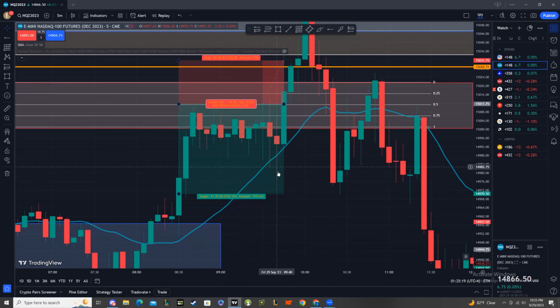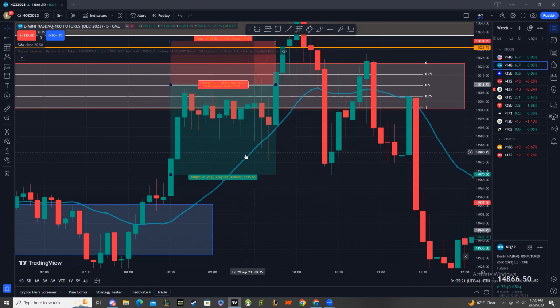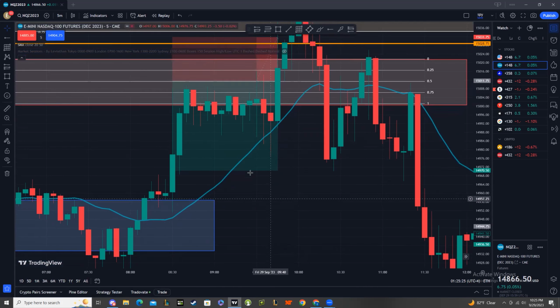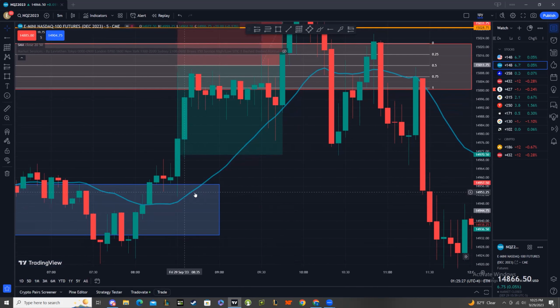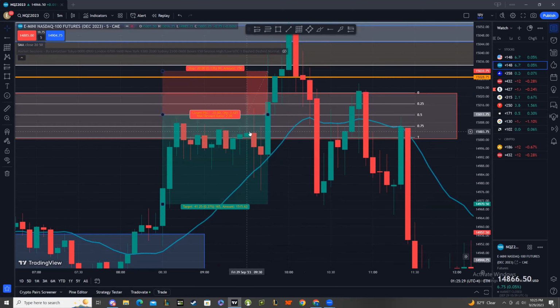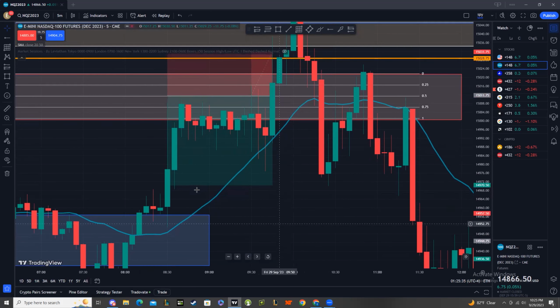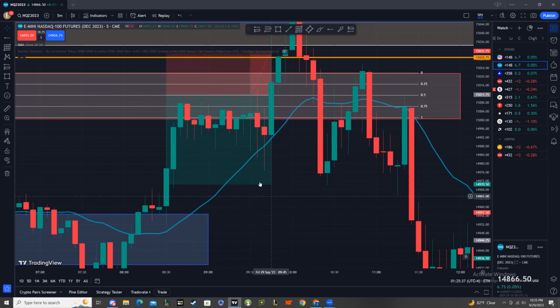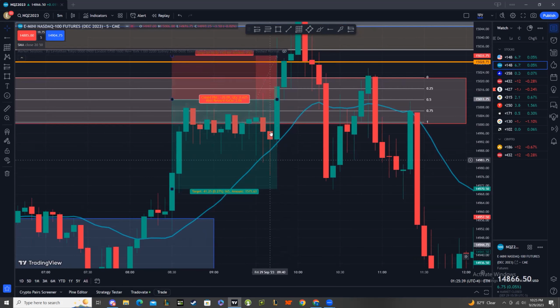And when it came back down, even though I was up so much here, I got greedy and expected it to come back down a bit more. The reason why is because it was market open. I figured there was going to be so much volatility and volume to the downside, and I expected that momentum, and I never took profit here.